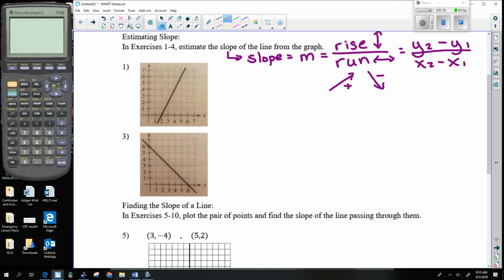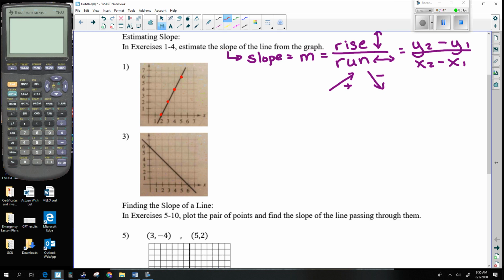Looking at problem number 1, we have several concrete intersection points. I'm going to use the rise over run way of finding slope.